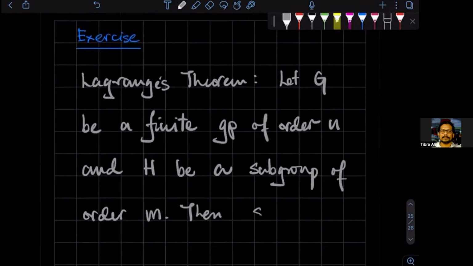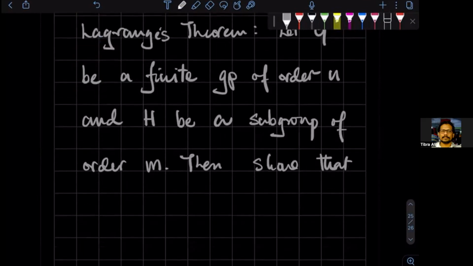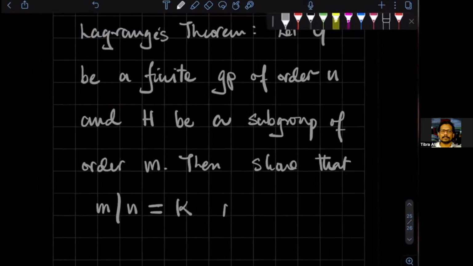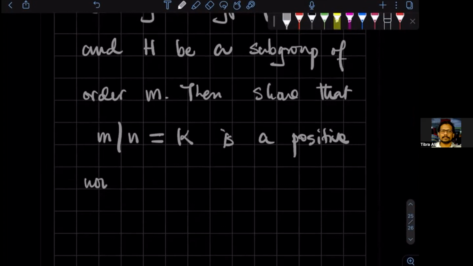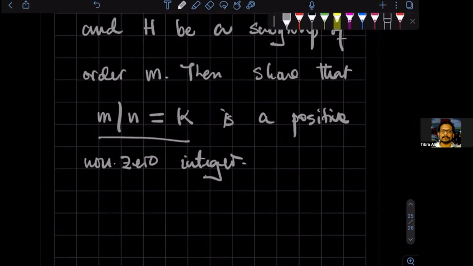Then show that m divides n. That is, n equals km where k is a positive non-zero integer. This notation means that m divides n.